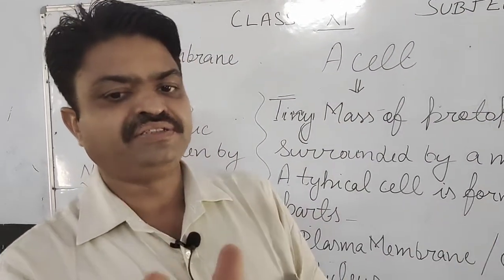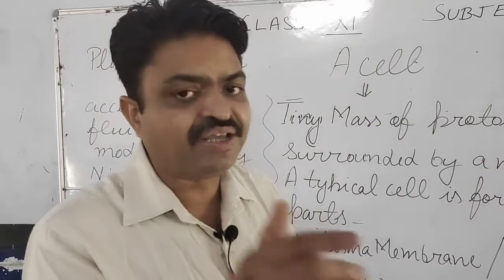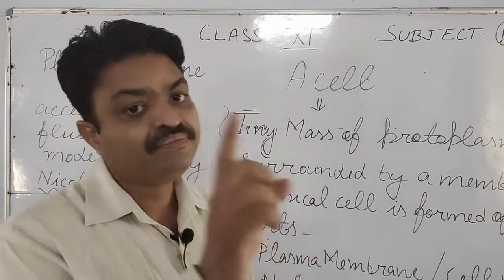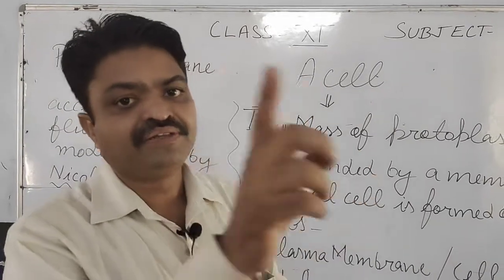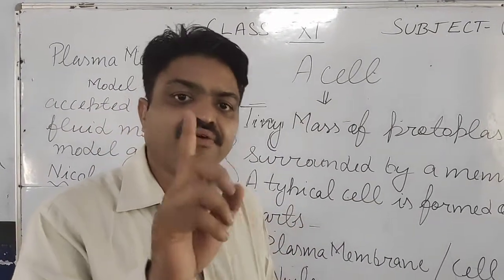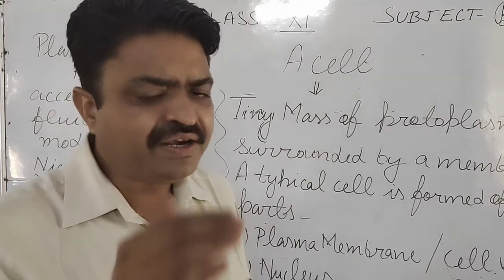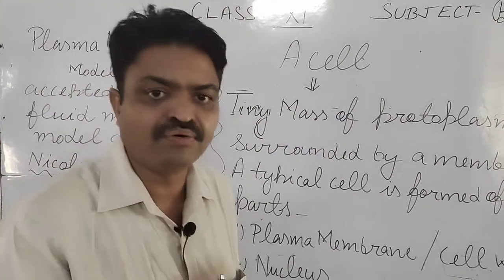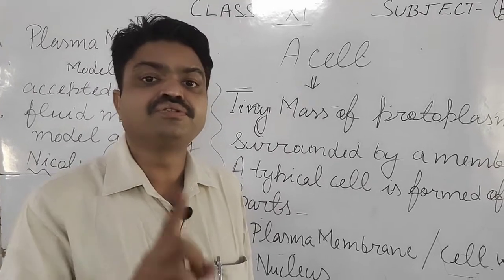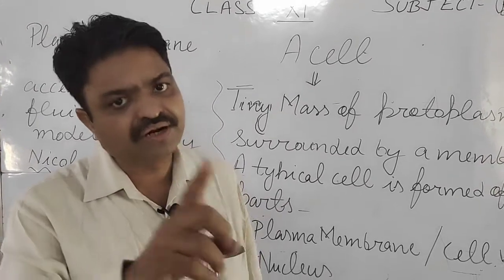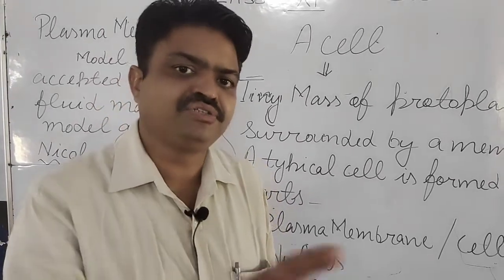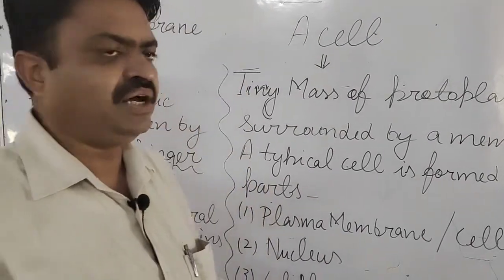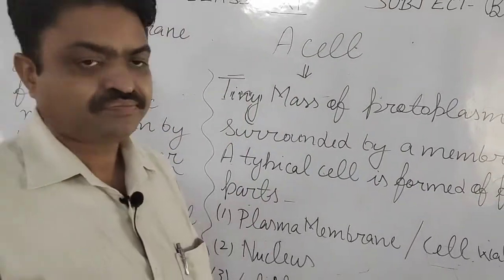That's why it is known as selectively permeable membrane, meaning it selects the exit or entry of a substance. It also helps in one important process known as osmosis, student. Both exoosmosis and endoosmosis are controlled by the plasma membrane.